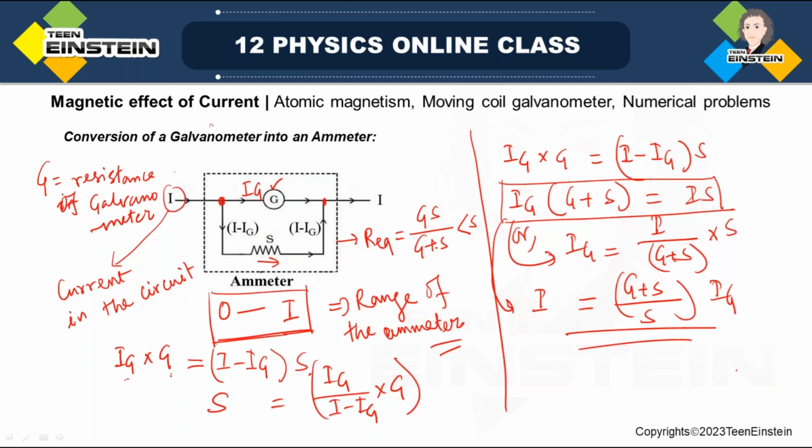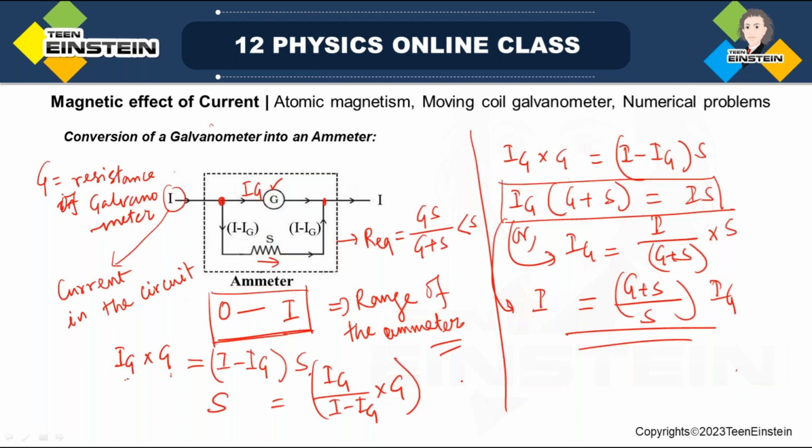So we can see, not only in the case of a galvanometer, in other cases also a shunt is being used to increase the range of the ammeter.